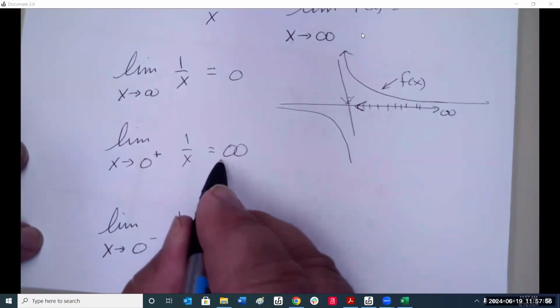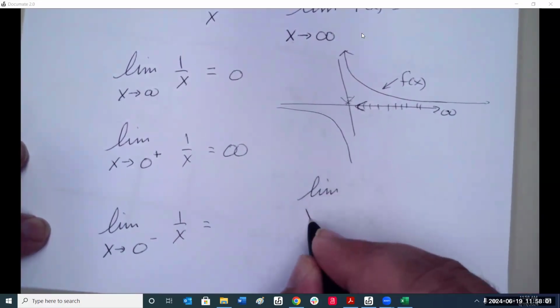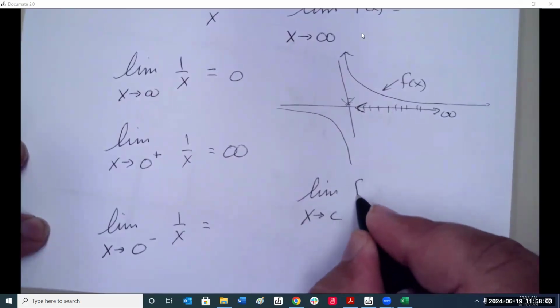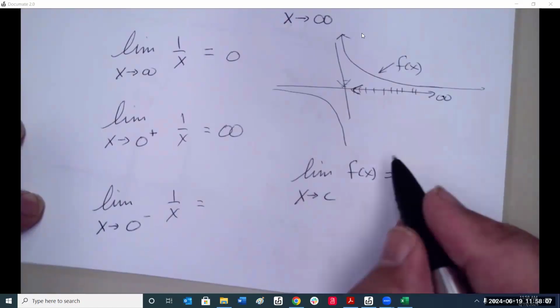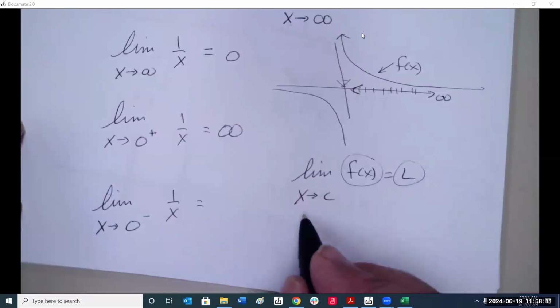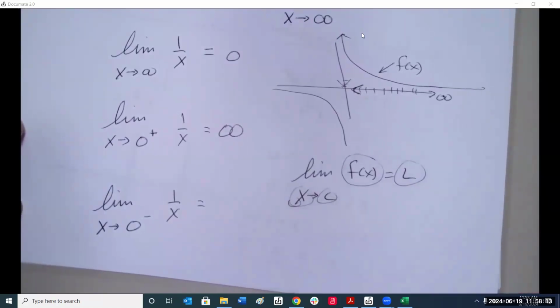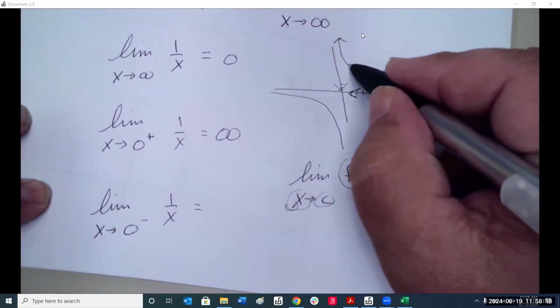Remember the limit as x approaches c of f of x equals L. These are the y-axis, these are the x-axis. So what number is this?